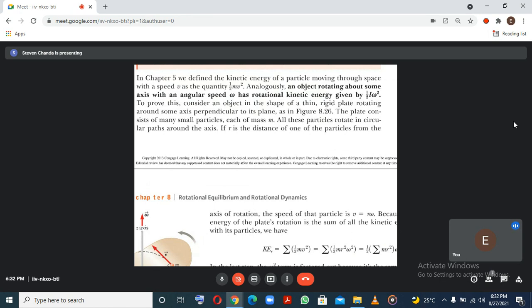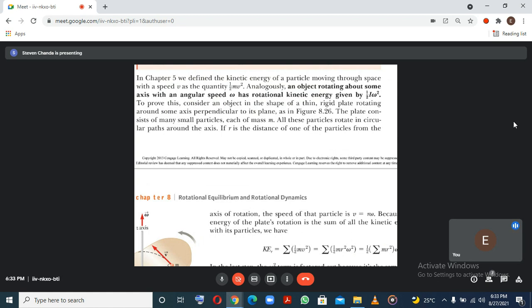Moment of inertia. So the half is going to be the same half. Then the mass is replaced by something analogous to mass in rotational motion, which is the moment of inertia. Then the velocity is substituted by the angular velocity.